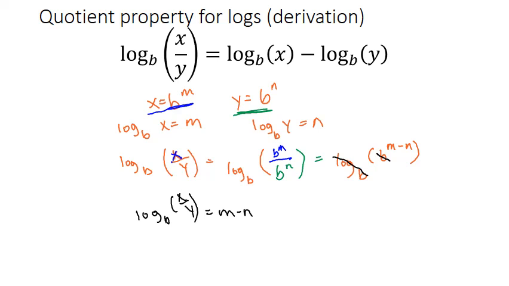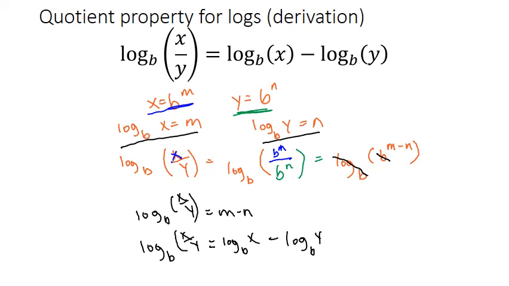So if we replace what m and n are equal to, remember that m is the same as log base b of x. So log base b of x minus, and remember that n is the same as log base b of y. So it'll be log base b of y. And we already had log base b of x over y on this side. So now we've proven, or we've derived, our log rule.